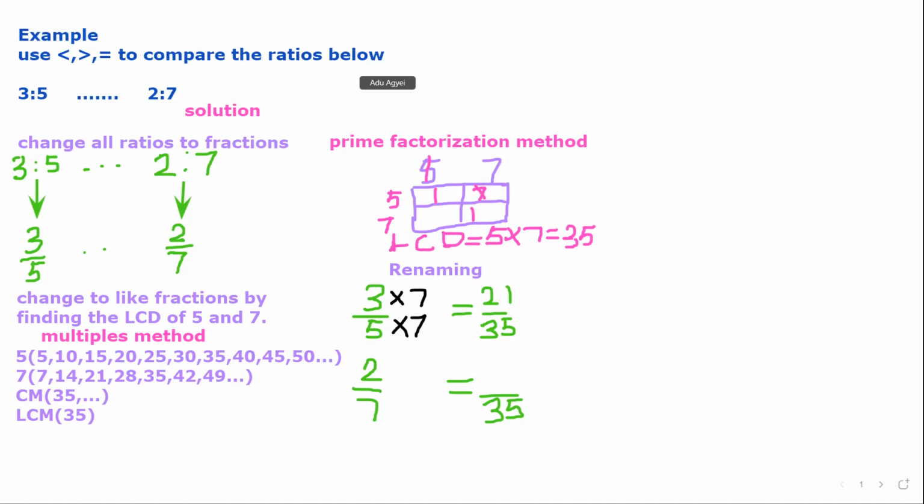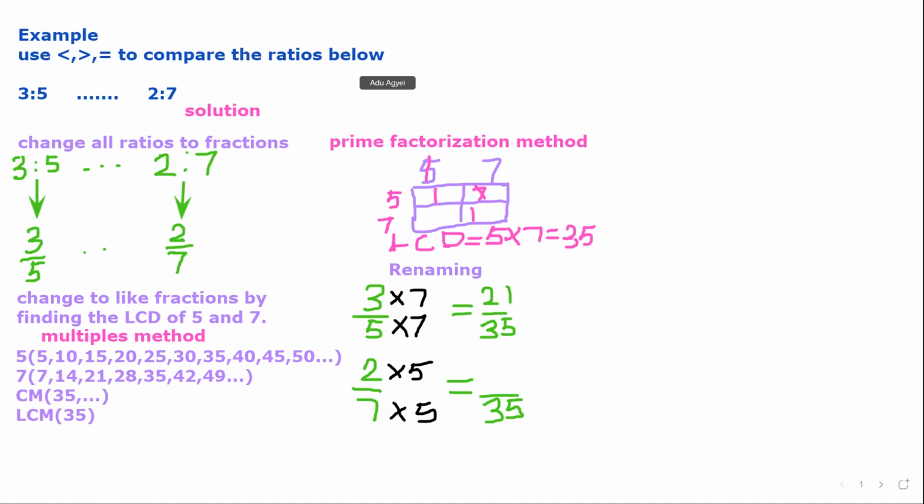Then when you come to the other one here, we have the old denominator here to be 7, and we said the new denominator that will make the two fractions be like fractions is that it must be 35. So with the old and the new, you multiply the old by what? 5. Okay, good. The same number must be used to multiply what? The numerator, which is 2 here. Okay, good.